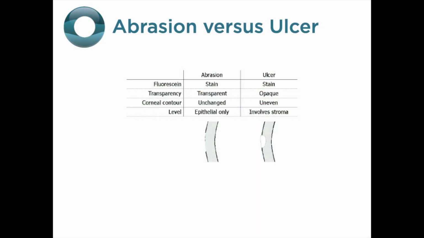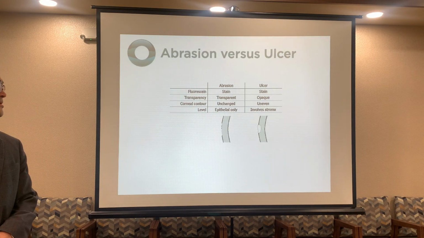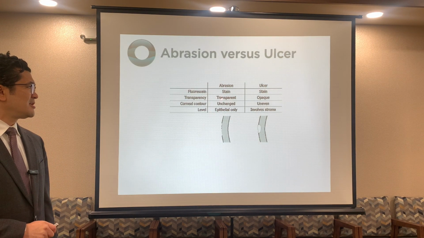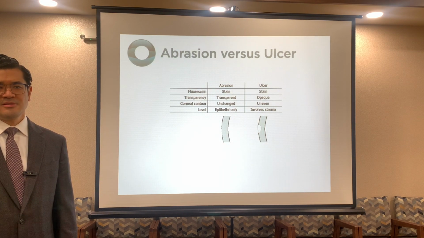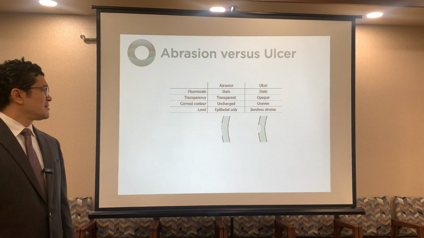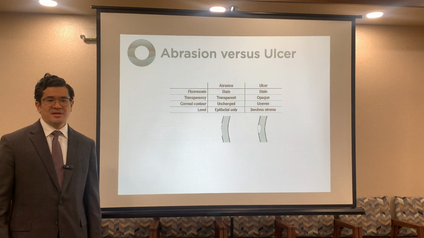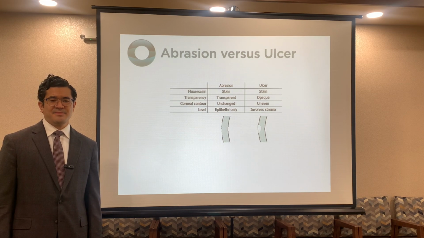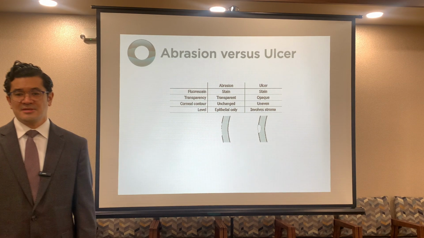An abrasion and ulcer will both stain with fluorescein. The abrasion will look clear, but the ulcer will look opaque or white. The ulceration goes deeper, and the ulceration usually has a bacterial or other infectious component to it.